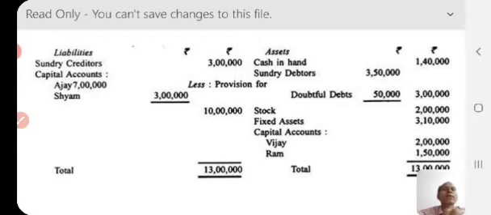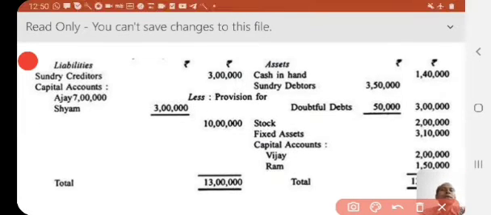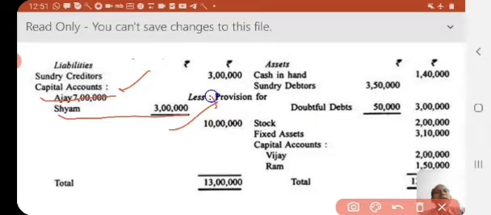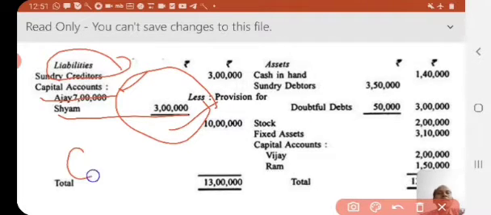So in this problem, we can see that one partner, Ajay, has a credit balance of 7 lakhs of capital and Sham 3 lakhs. These are on the liability side, so these are the credit balances.